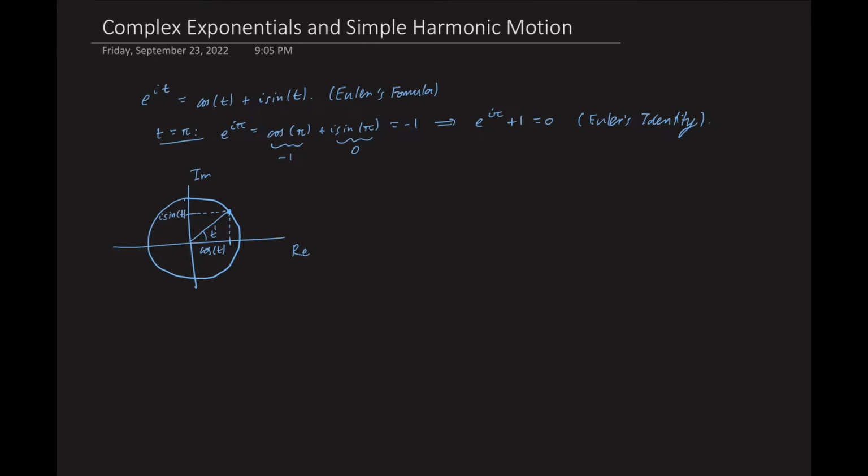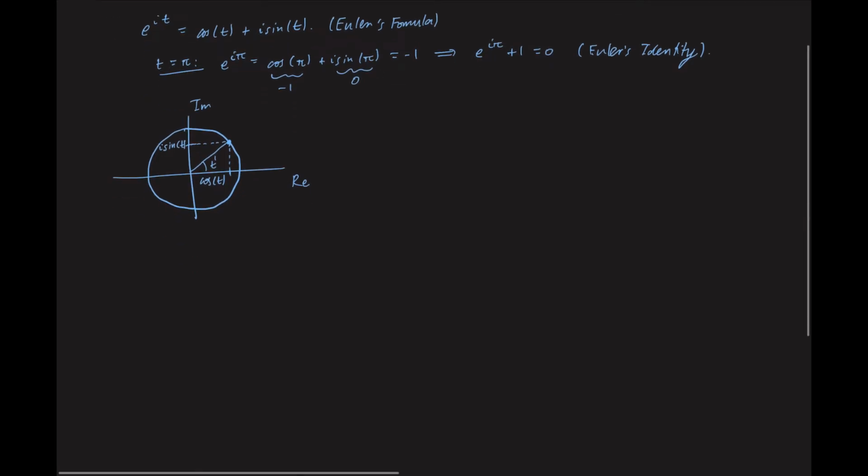Well, let's take a look at the derivatives of the complex exponential. We can take the complex exponential, and in this case, let's actually multiply it by some value a times e to the i omega t, where omega here essentially tells us something about the speed at which this dot moves around the circle in the complex plane.